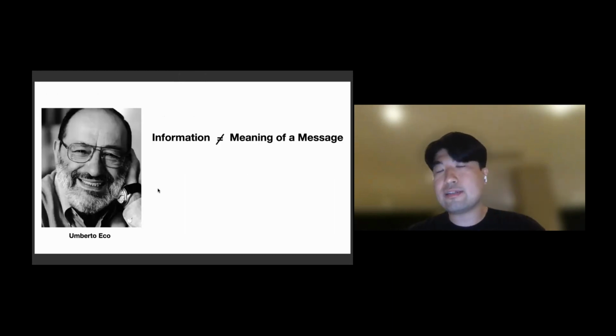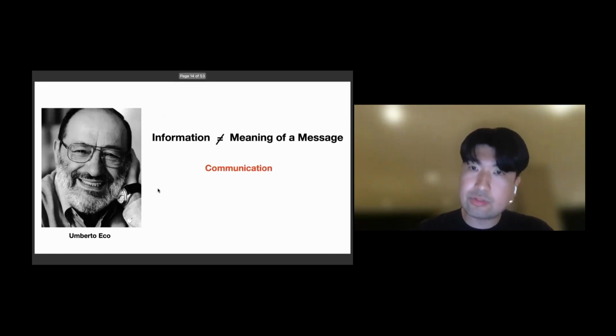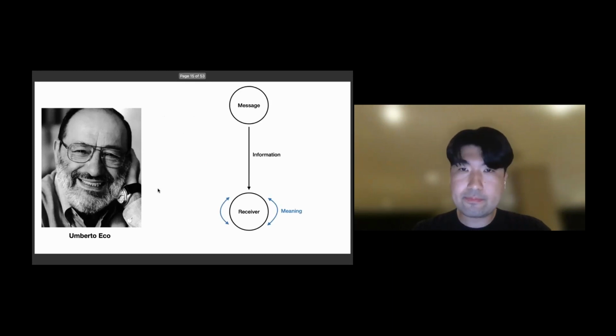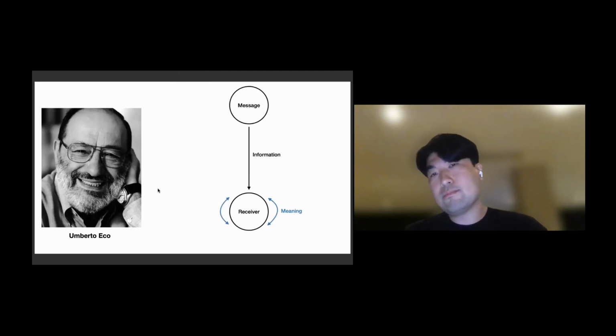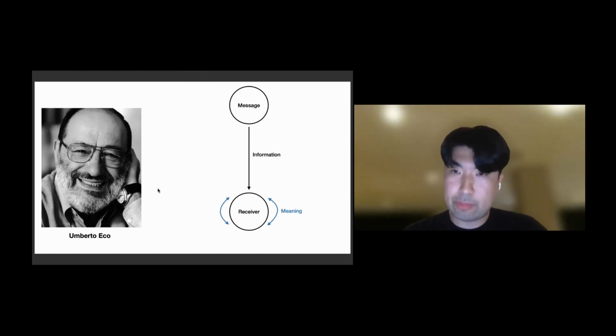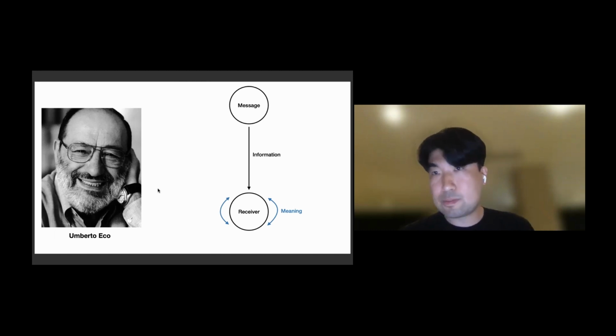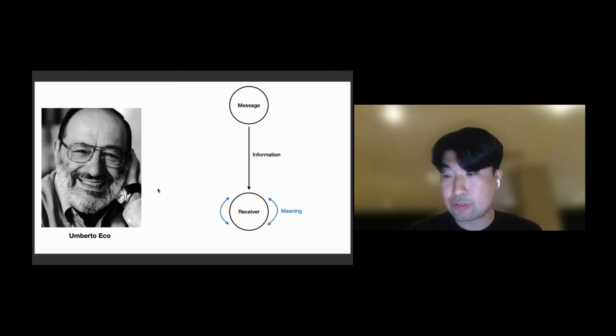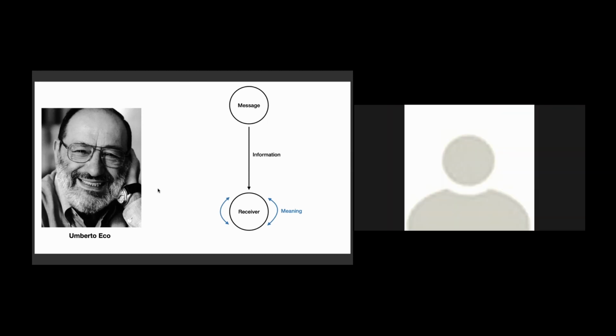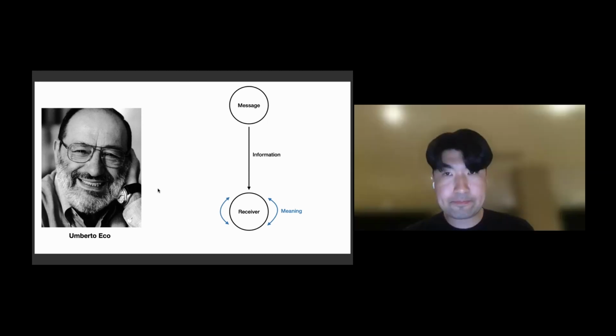However, Eco criticizes this, saying that information and meaning cannot be equivalent, due to the matter of communication. According to Eco, the message delivers the information, and the meaning is how the receiver perceives and processes the information. This perception process involves several aspects, such as the natural, social, historical, and cultural background of the receiver.